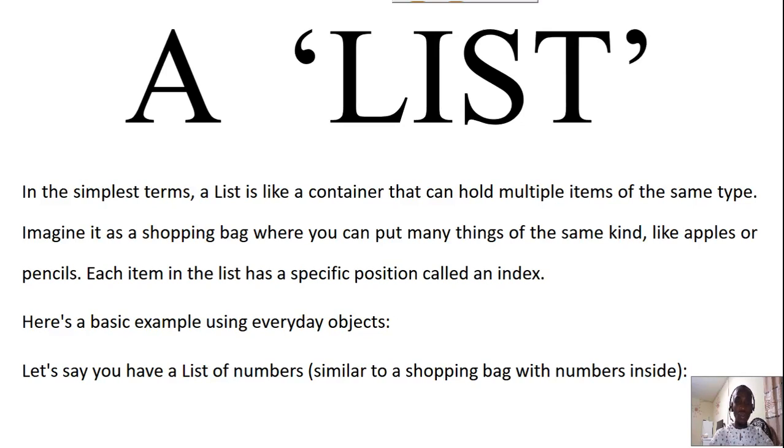Then I also want you to understand one of the most beautiful parts of a list. A list doesn't only hold a collection of numbers, but also the position of each inside the list. For example, say we have apples or pencils inside a particular basket.